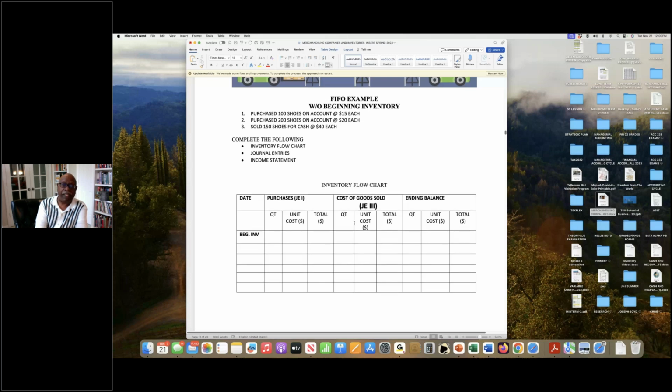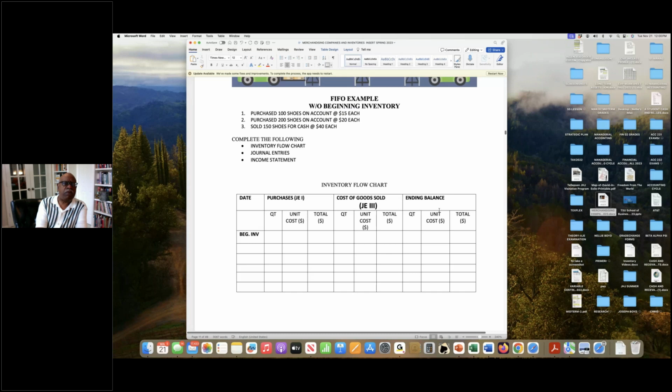I'll say it again: journal entry 1, the purchase, and journal entry 3, the cost of goods sold, are the only journal entries that come on the flow chart. Sales prices are never on the inventory flow chart.